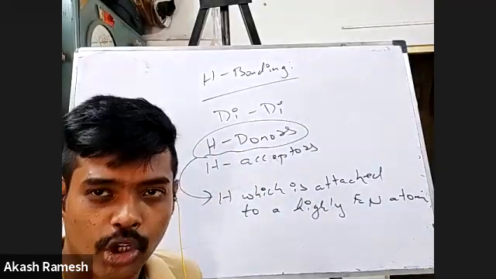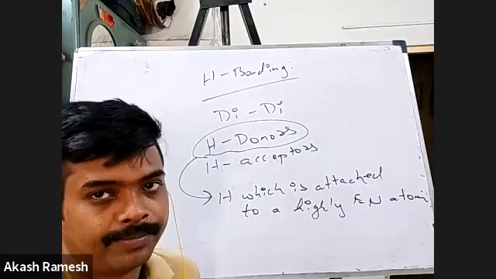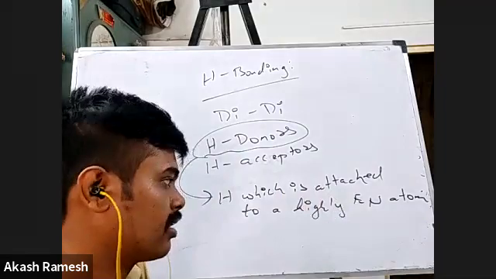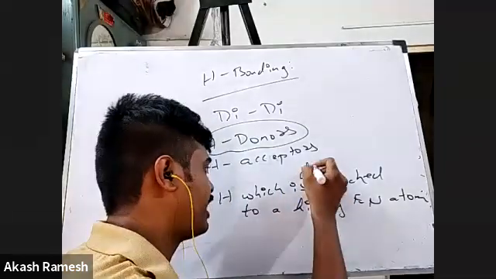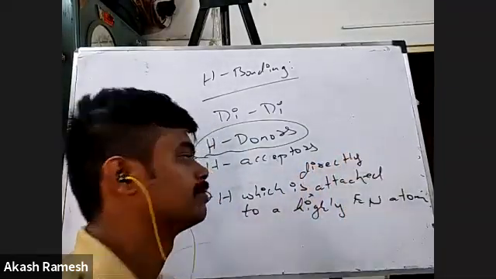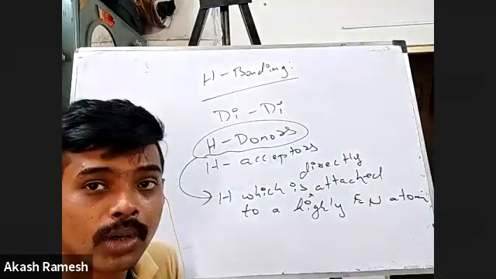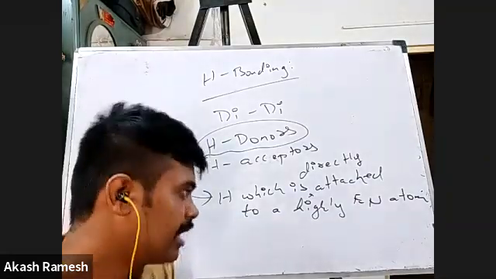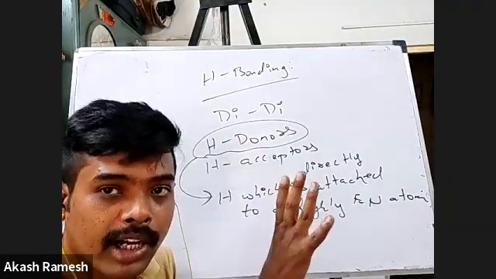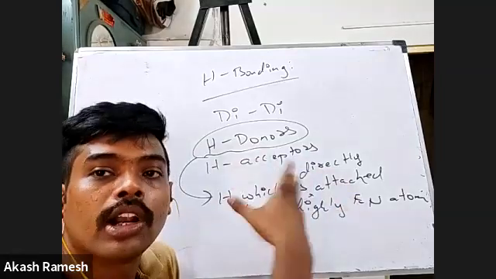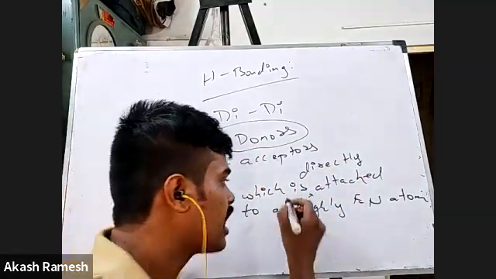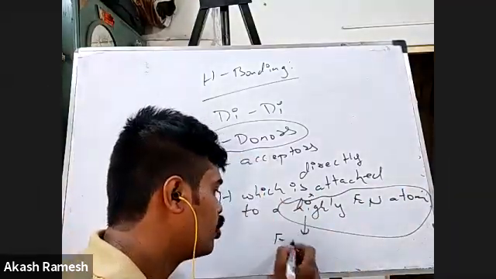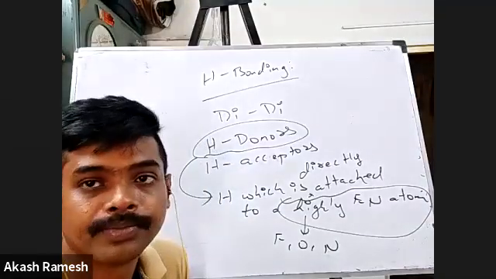So hydrogen donors should have a hydrogen atom which is directly attached, and I would say this is very important, directly attached to a highly electronegative atom. Now, since we are specifically telling it should be highly electronegative, I will be able to tell to which elements this should be attached. So these highly electronegative elements can only be three: fluorine, oxygen, or nitrogen.